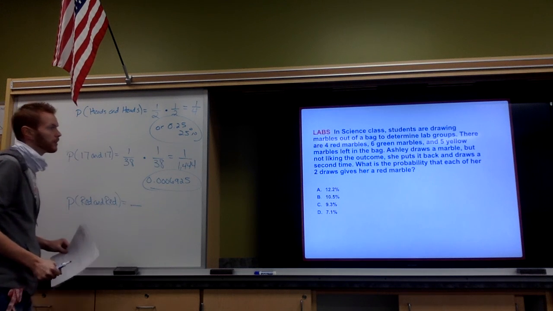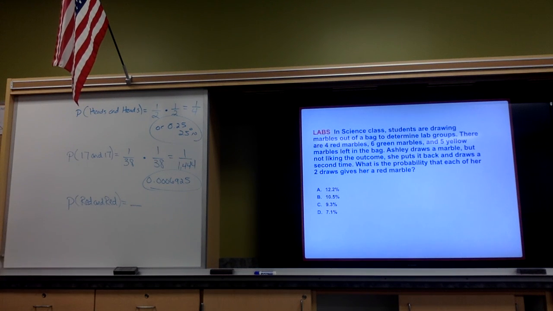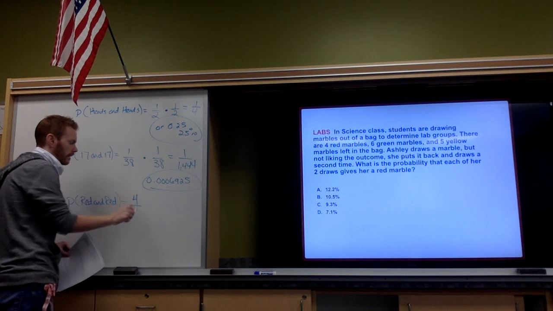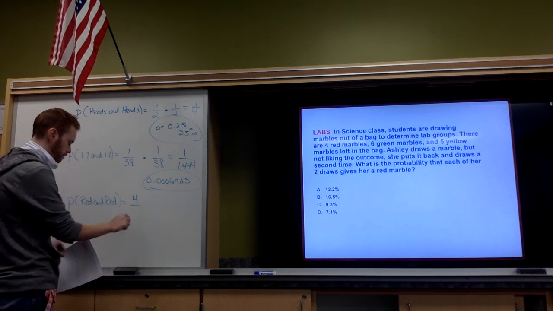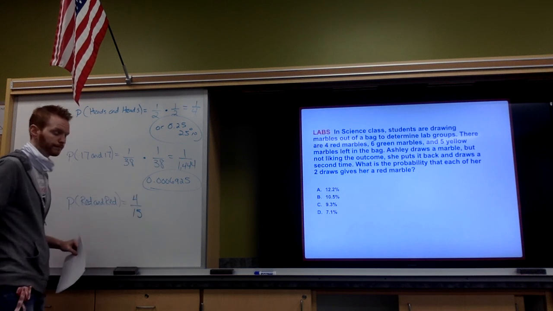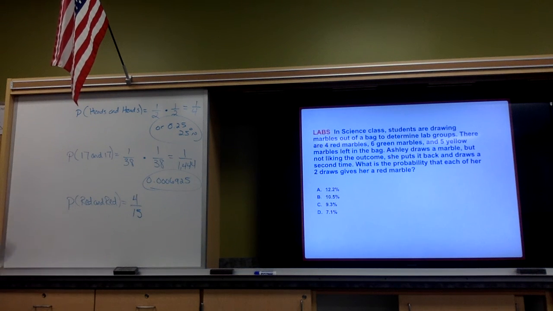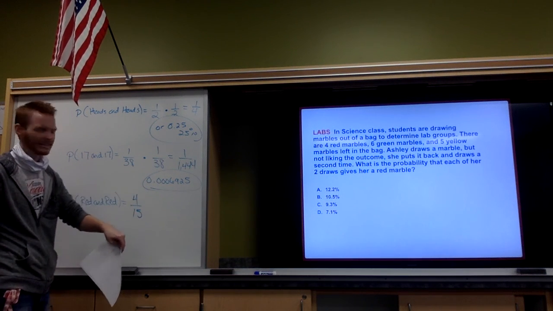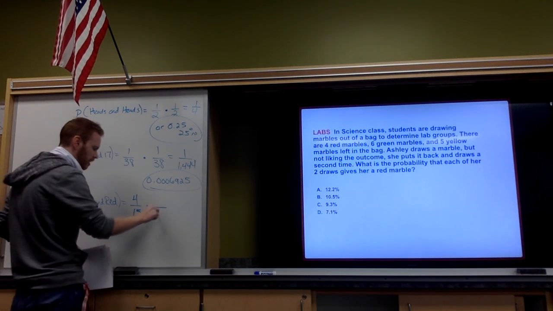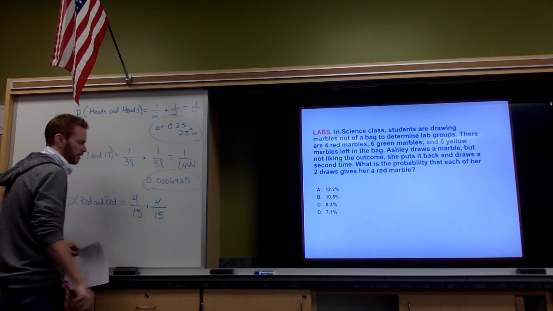The odds of you getting red the first time. Well, there are 4 red marbles in the bag that you could select from, out of a total of, I think that's what, 15? There's 15 in the bag. Okay. Now these are independent of each other because she replaces the marble, right? I'm going to have the same probability here. Nothing changes.